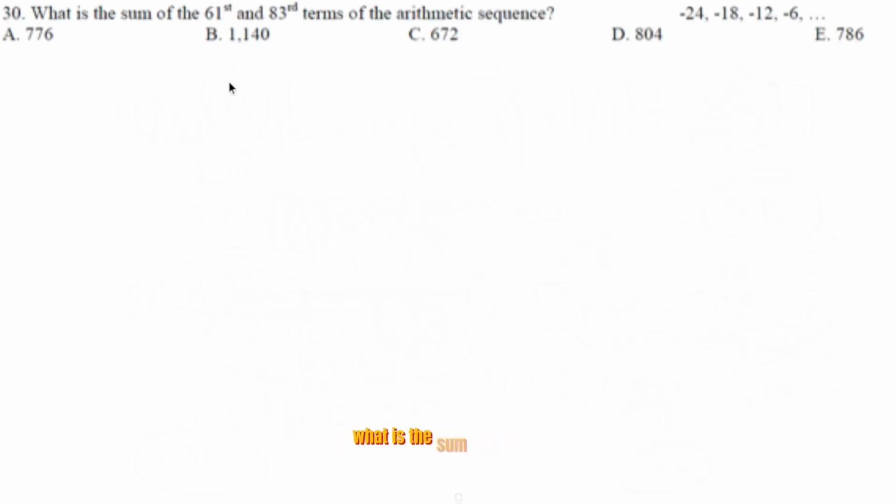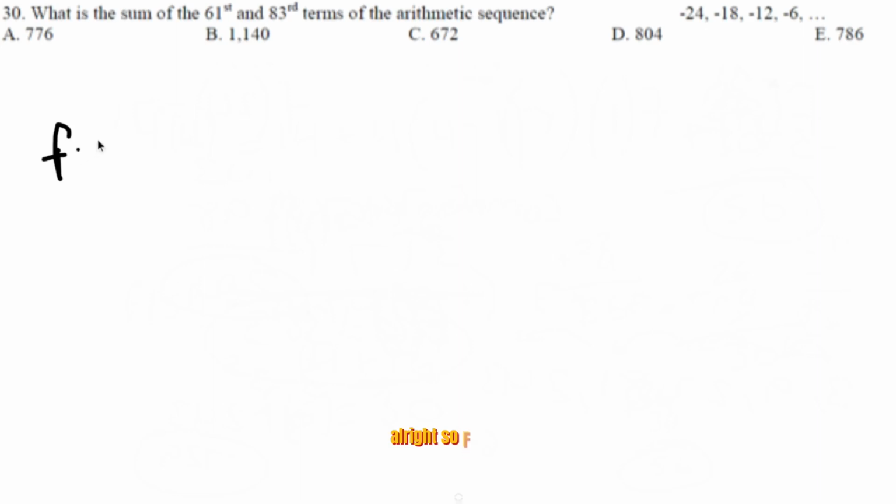Next, what is the sum of the 61st and 83rd terms of the arithmetic sequence? Alright, so negative 24, negative 18, negative 12, and negative 6. Okay, so this is the arithmetic sequence as stated, and it's going up by 6 each time. So let's write out the 61st term first.